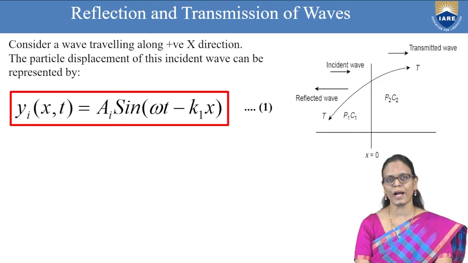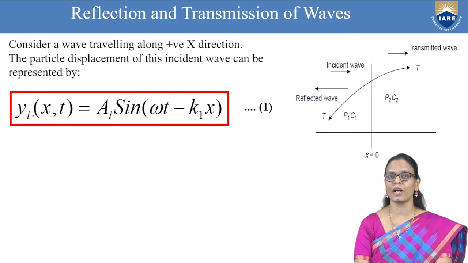So when I am writing, y always represents the displacement. Y suffix i denotes the displacement of the incident wave. And (x,t) here denotes that y varies with position as well as time. So x and t are the variables here.